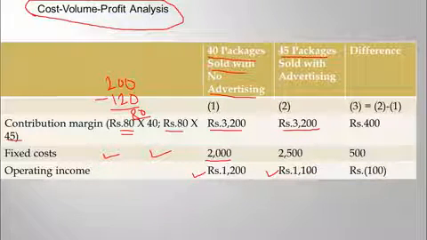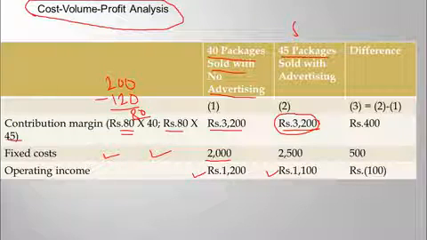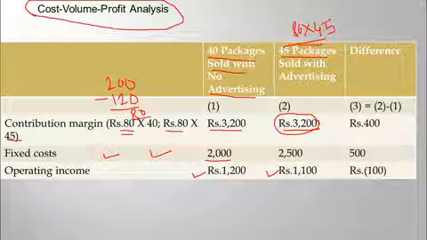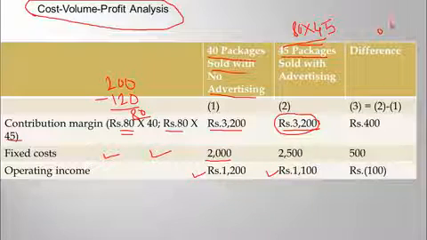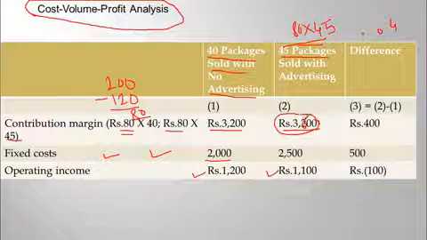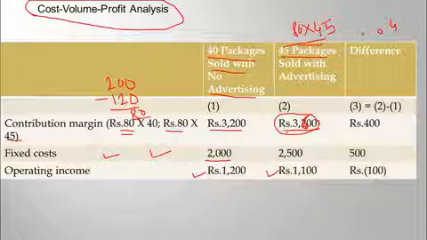Here is a mistake from my side: 80 into 45 is 3600. You can read it here as 3600. So from 3600, if you subtract 2500, you will get the operating income of rupees 1100.